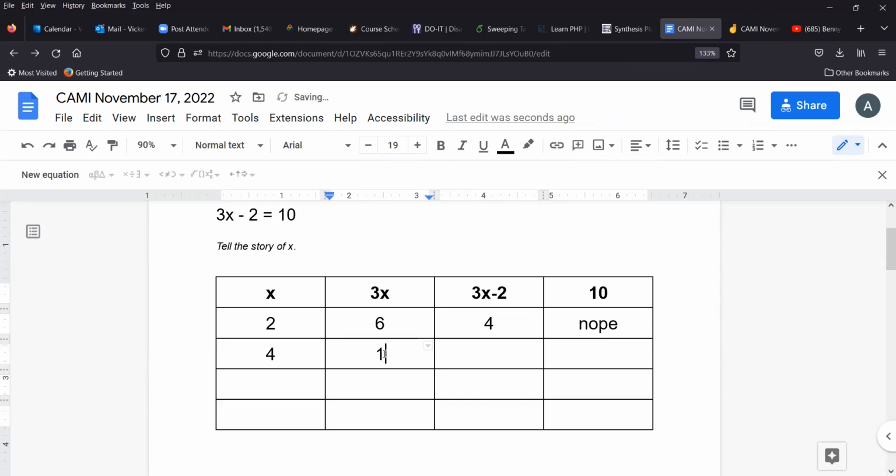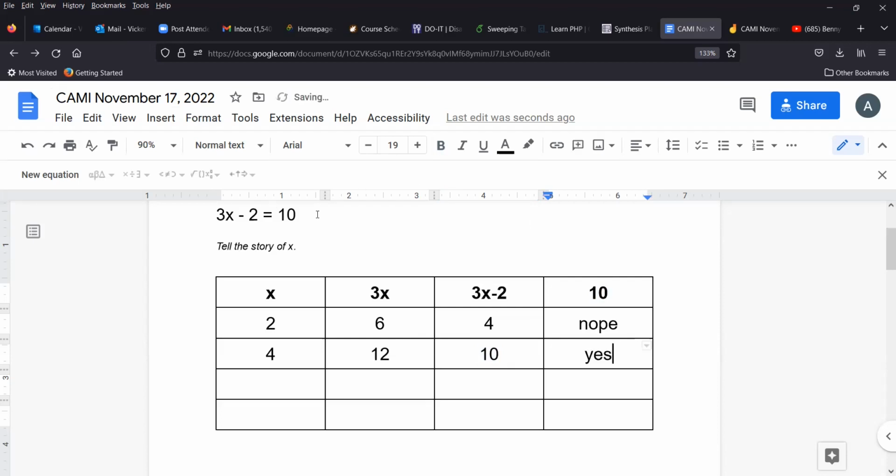Okay, 3 times 4 will give you 12. And then here we are taking 12 and subtracting 2. So what have we got? 10. Okay, so already by the second try, this 10 was what we were looking for, and we have arrived at that answer. So then you just say yes.